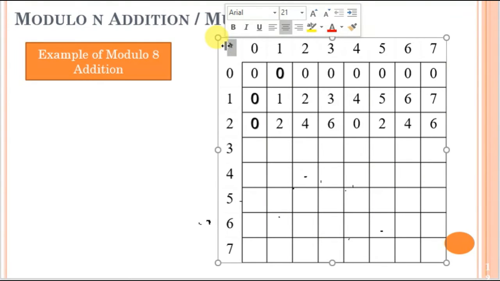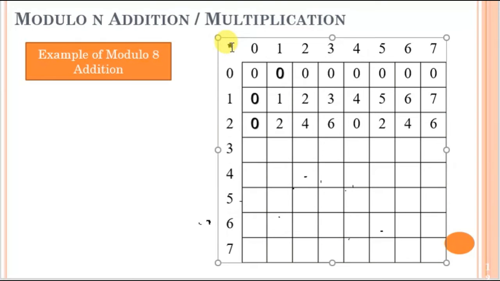If we are calculating modulo 8 multiplication, then there is a multiplication symbol. If we solve modulo 8 addition, then there is an addition symbol. So how to calculate? According to addition, the value changes.